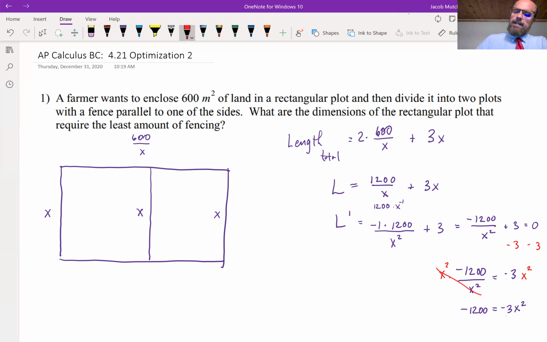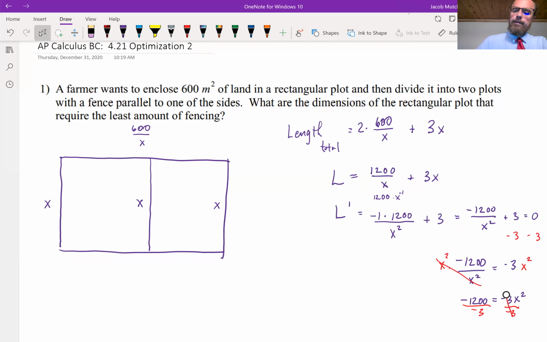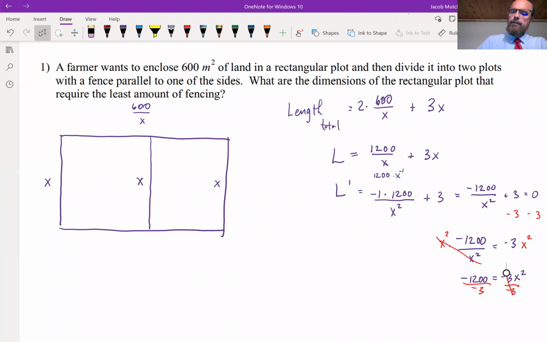Trying to isolate the x squared so that I can take the square root, I've got to divide negative 3 from both sides. And what that gives me is negative 1,200 divided by negative 3 is 400 equals x squared. And then to finalize there, I just want to take the square root of both sides.